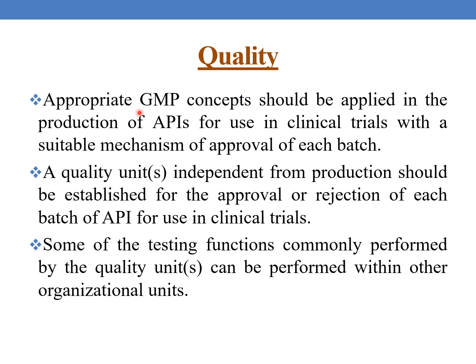Coming to quality, appropriate GMP concepts should be applied in the production of APIs for use in clinical trials, with a suitable mechanism of approval of each batch. A quality unit independent from production should be established for the approval or rejection of each batch of API for use in clinical trials. Some of the testing functions commonly performed by the quality unit can be performed within other organizational units also.